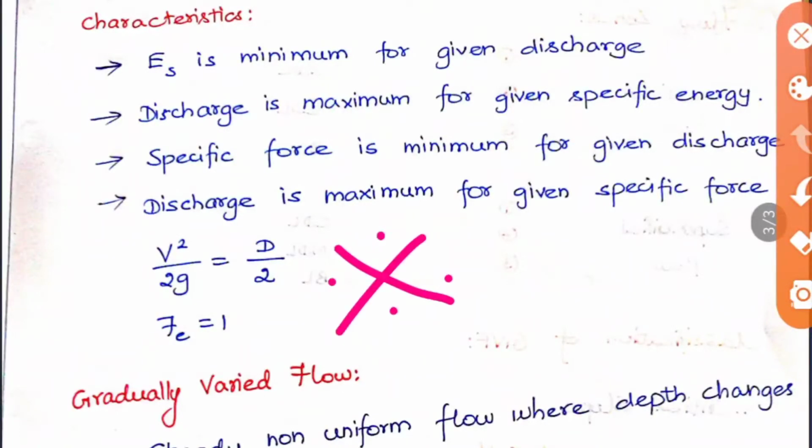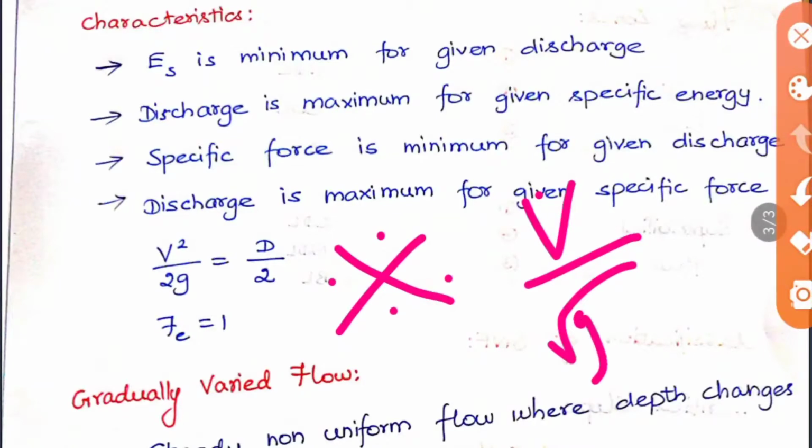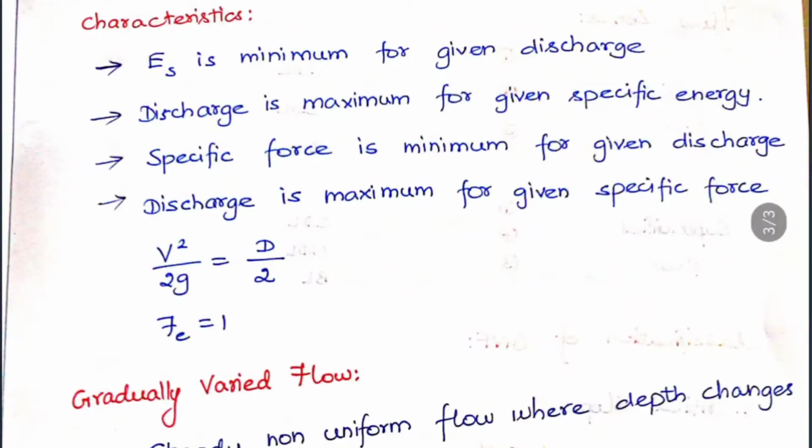Here V square by 2g is also taken from that formula. We have studied V by root gD is equal to 1. So when you take everything, you will get V square is equal to gD. When V square is equal to gD, dividing it by 2, you will get V square by 2g is equal to D by 2. Why we are doing this is that we know V square by 2g is the velocity head.